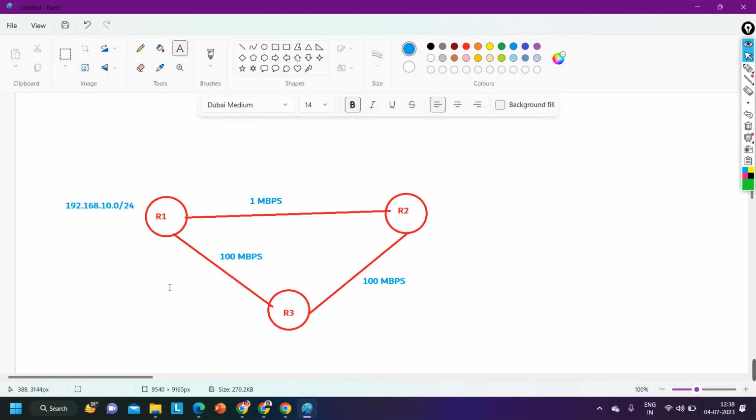First of all, routers will become neighbors and maintain one neighbor table, in which they keep information of neighbor routers. After building the neighbor table, they will build one database, and after that the topology table.